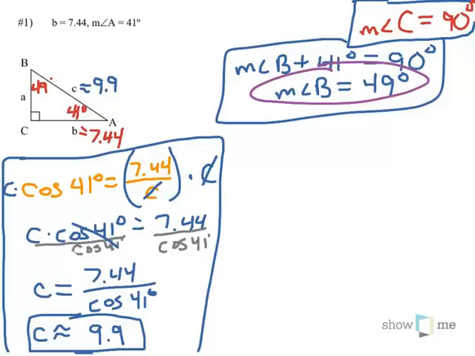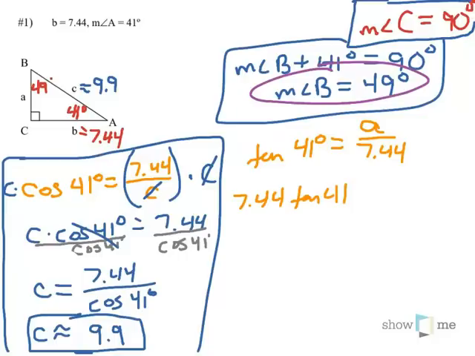Let's do tangent 41 degrees equals the opposite leg, which is A, over the adjacent leg, which is 7.44. To get A by itself, you multiply both sides by 7.44. On the right side, your 7.44s would cancel, meaning you get 1 as a result.